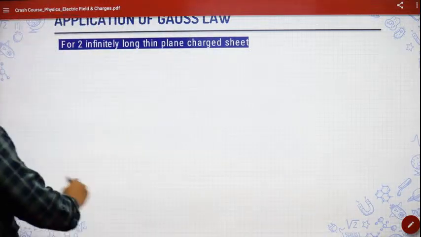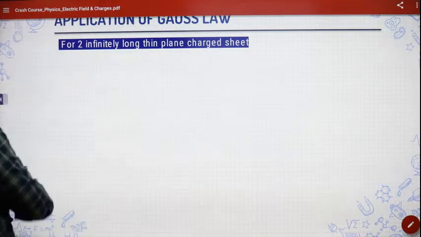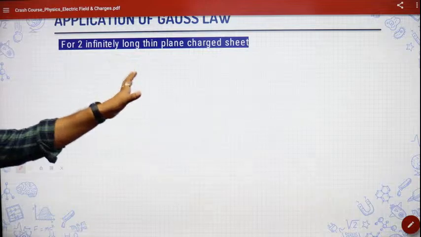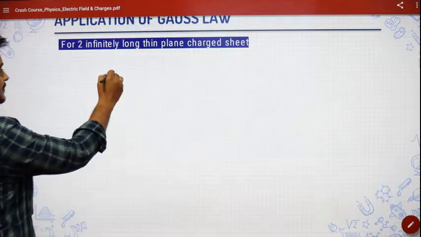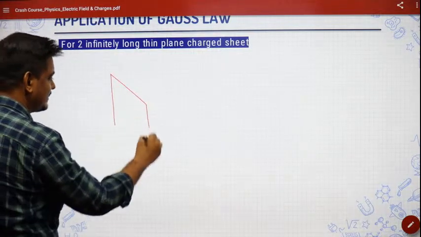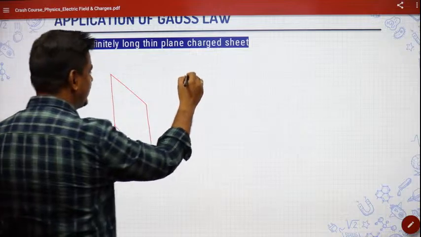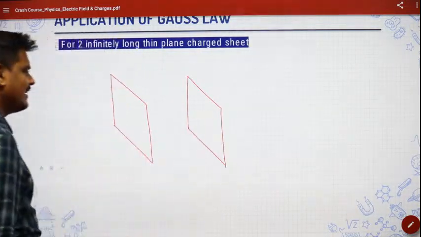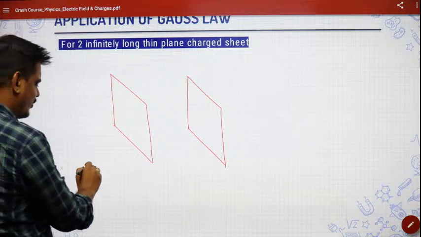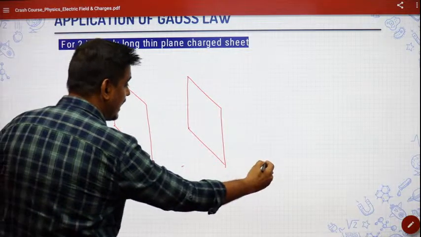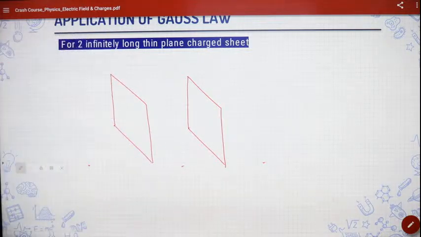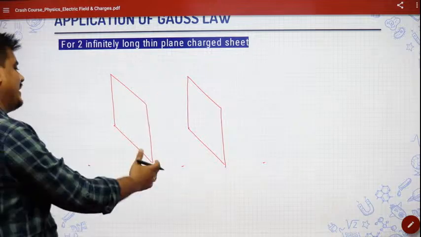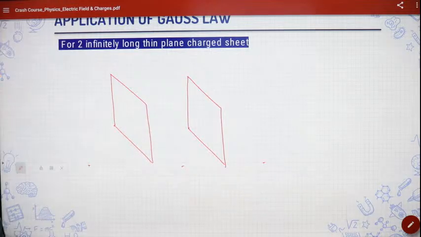Now, suppose I have two infinitely long plane charged sheets, for example, one sheet like this and another sheet like this, and I want to find the electric field in all the regions. I want to find it here, here and here. That is, I want to find the electric field outside the plates and the electric field inside the plates. What will be the electric field? So I have two conditions.